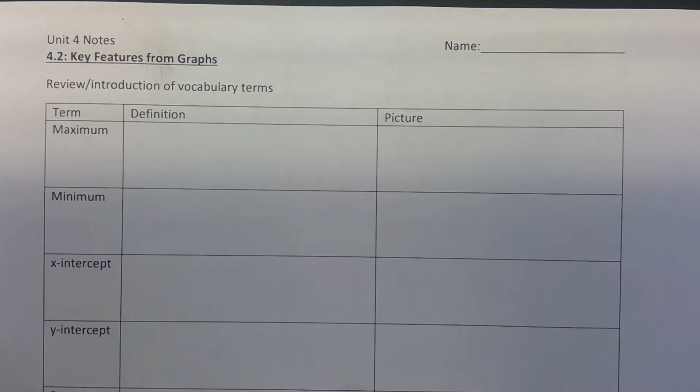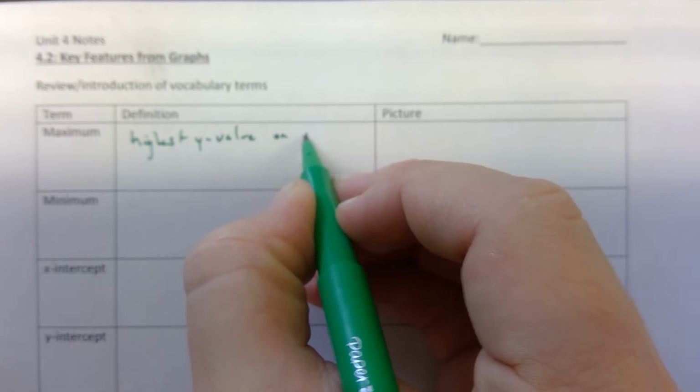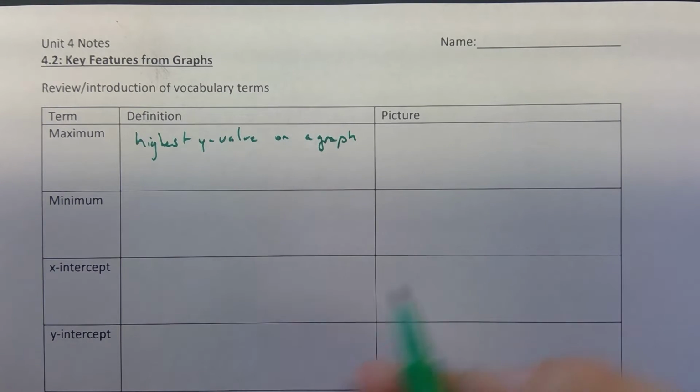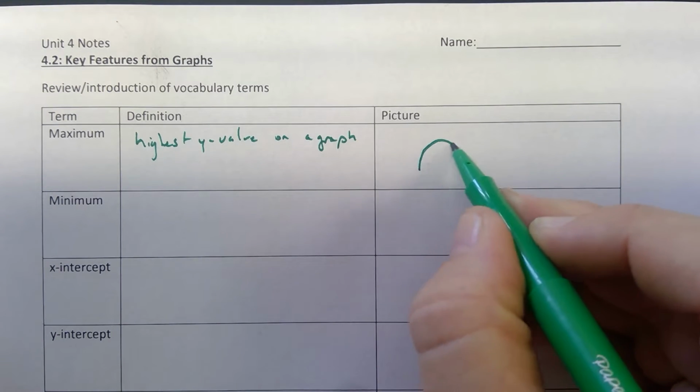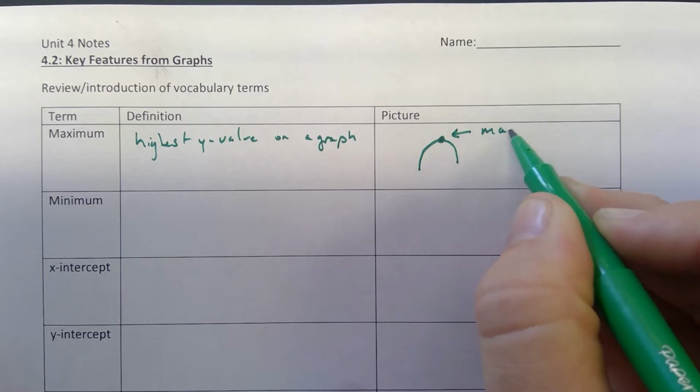So we've seen maximum before, but we're going to take it from the definition of on a graph. The maximum is the highest y value on a graph. We're going to go ahead and draw a picture, and we're going to call that a max.